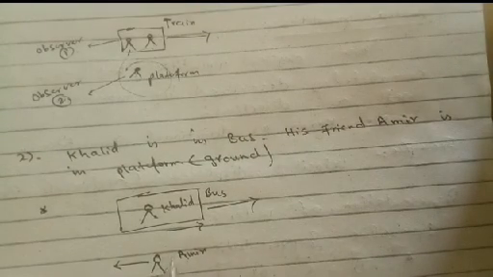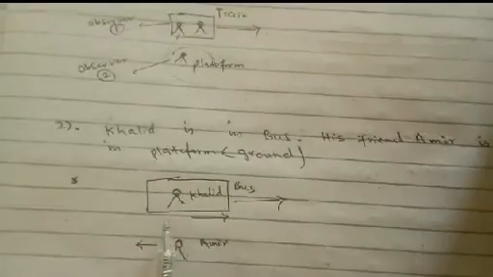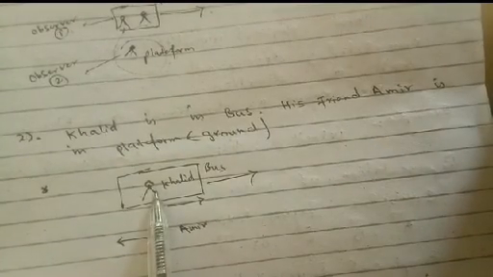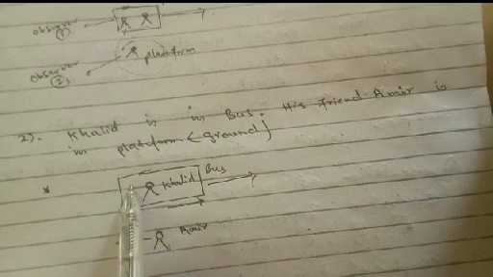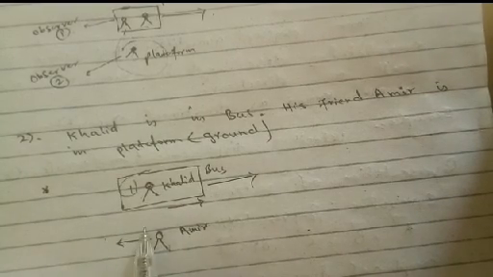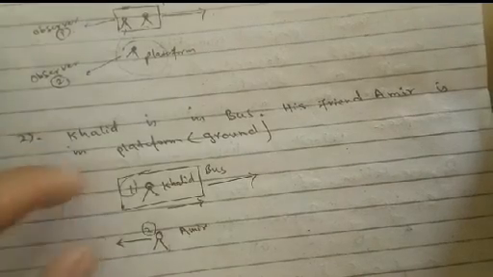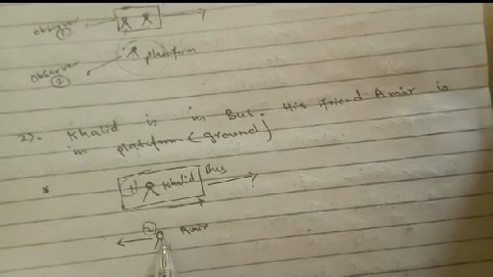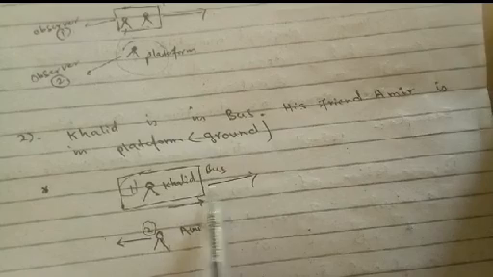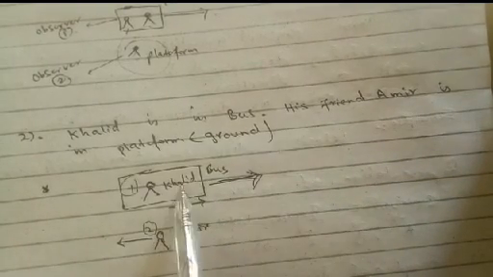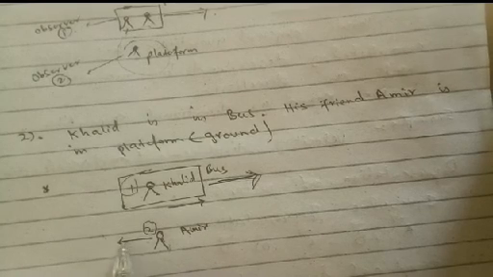Amir is on the platform, and Khalid is in the bus. If we choose observer 1 as Khalid and observer 2 as Amir, then Khalid observes that Amir, if the bus is going in that direction, is going in the opposite direction.